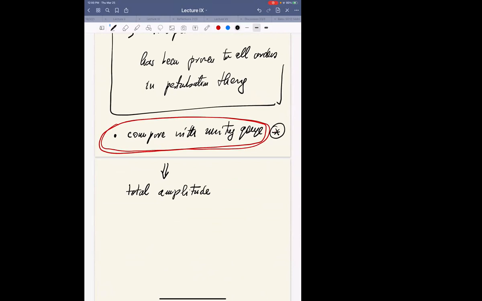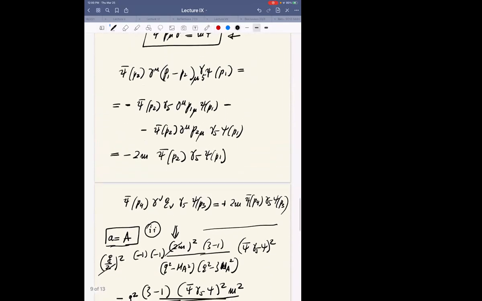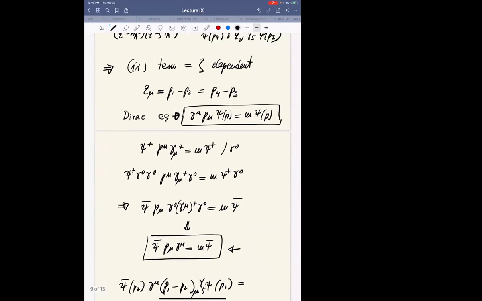Okay, it's 12 o'clock according to my clock. Total amplitude. Therefore, for FF scattering, fermion scattering, proportional, I don't care about the overall coefficient. I had the piece 1. Let's go back and retrieve it. Where was it?